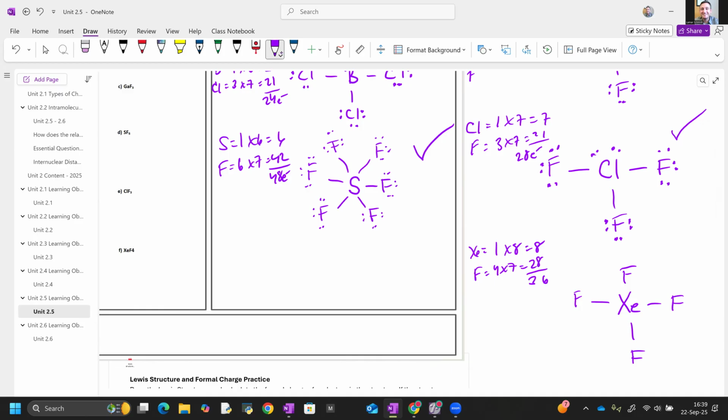And so we count, we add our octet. And what we notice is we have 8 times 4, which is 32. And so we need to have 4 more electrons.